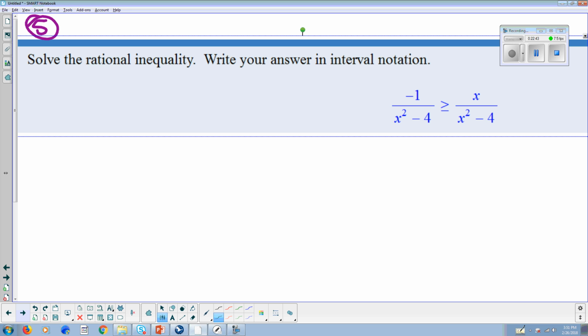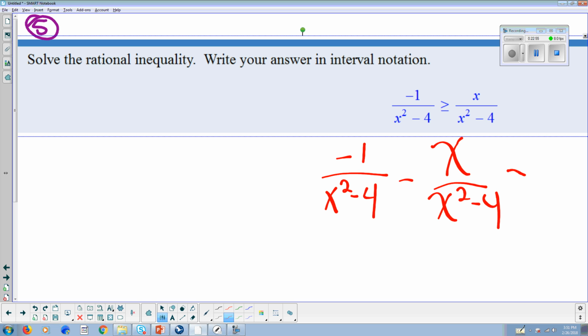Question 5, we're going to set equal to 0 to begin. So I'm going to rewrite this as negative 1 over x squared minus 4 minus x over x squared minus 4 greater than or equal to 0. And this already contains a common denominator. That is the same denominator. So I can go ahead and write this as a single fraction.